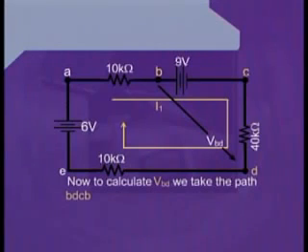Now, to calculate VBD, we take the path BDCB. That will mean that we will be starting from the point B in the circuit.